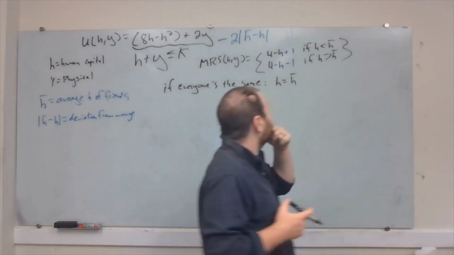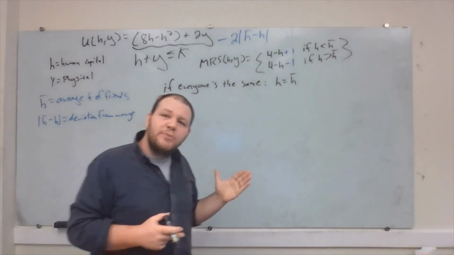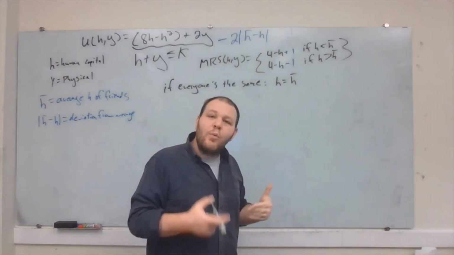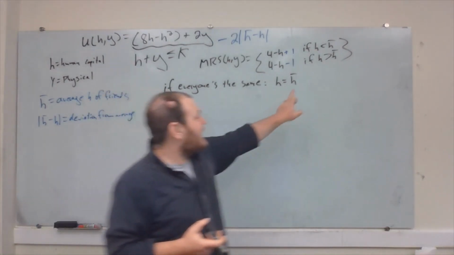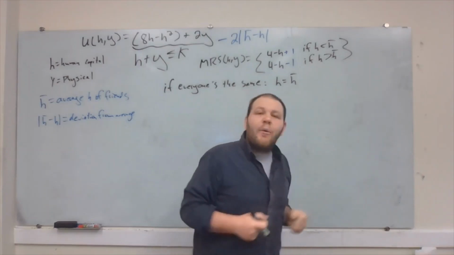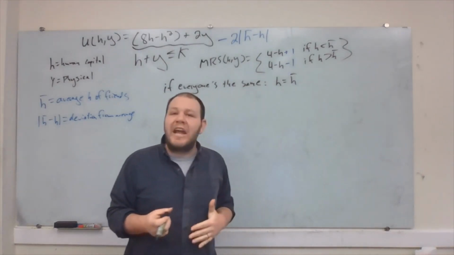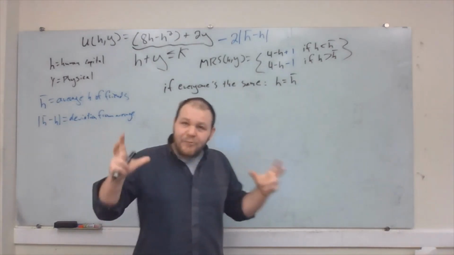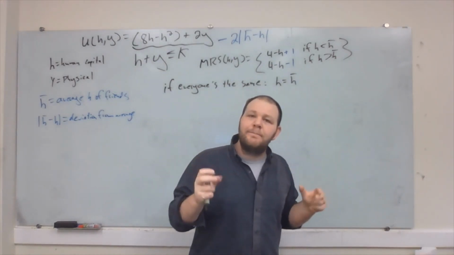So another way to think about this problem, if we're trying to figure out h, is we can think about how low h bar could be before it's not worth it to conform anymore. Until people are willing to choose h above h bar, how high could h bar be before people aren't willing to conform and choose h below h bar? Everything between those bounds is an acceptable and valid equilibrium.